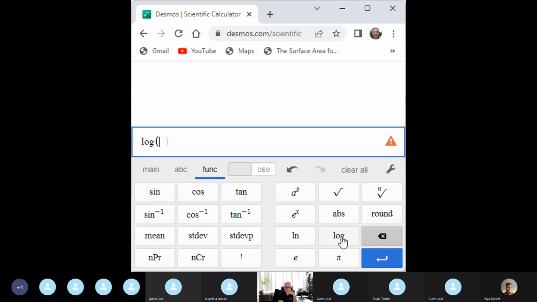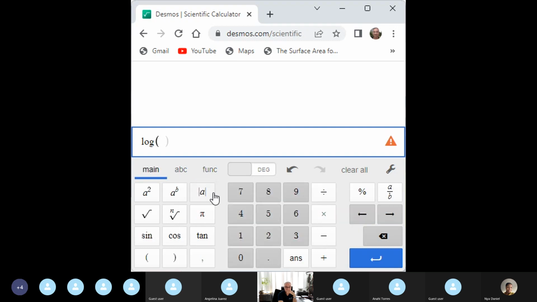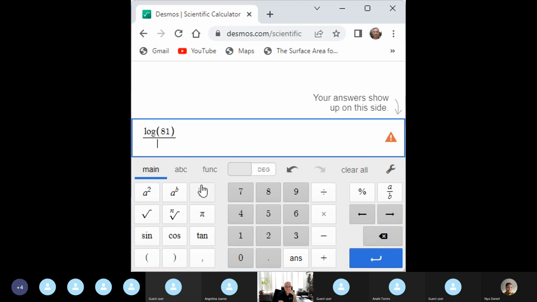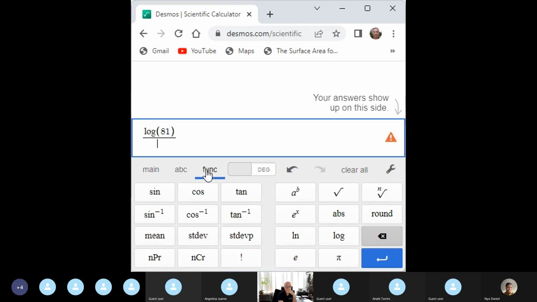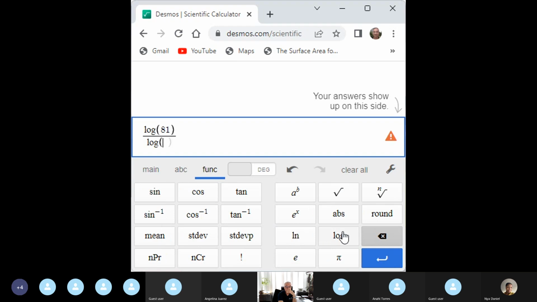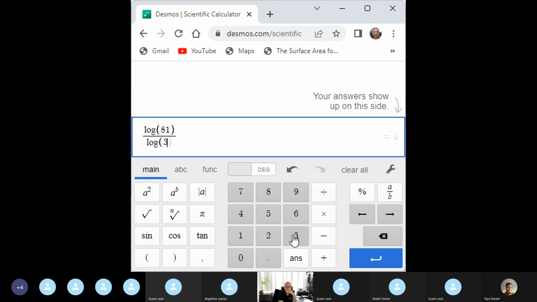Log of what? Of 81. I close the parenthesis, division. I go to the function again. LOG of 3. Look at the answer: 4.